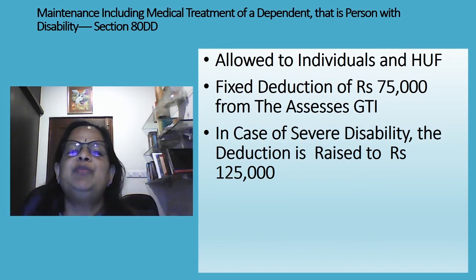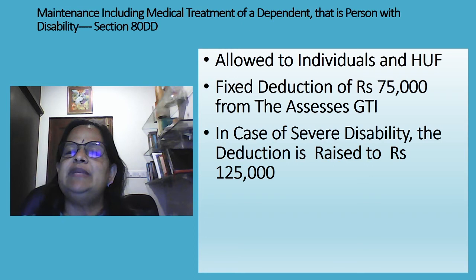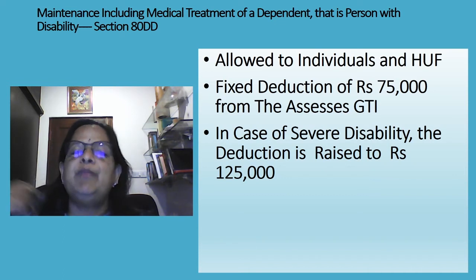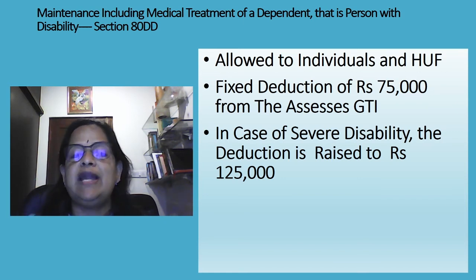They will be supported with a wheelchair and all. So how will they know that this is a special case, severe disability? They have to get it approved from a government doctor. So if it is not severe disability, they can get a straight deduction of 75,000 from the gross total income. If it's a severe disability approved by a government doctor, then the deduction will be 1,25,000.